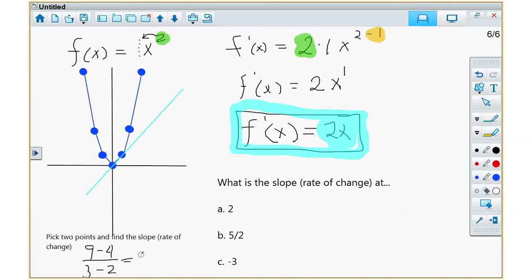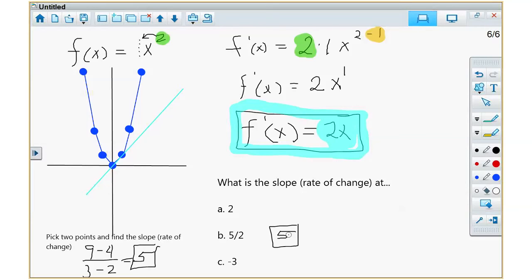I got 5 for one of my points, but that's right in here. That's from here to here. That's the rate of change. But if I take 2.5, which falls between 2 and 3, and I plug it in, what's 2.5 times 2? 5. Now, this came out to be exact.